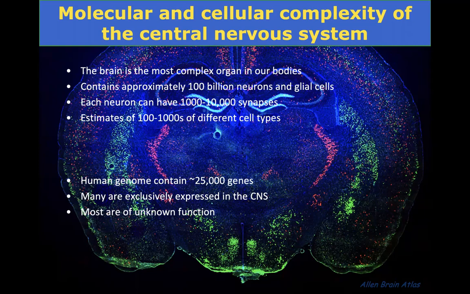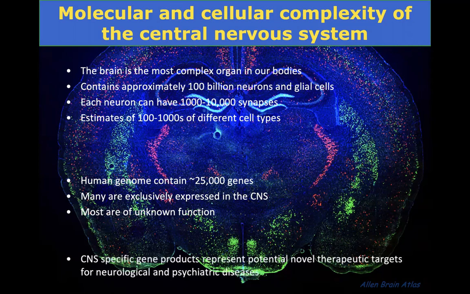So to me, this is just an amazing, enormous complexity within this one structure of our organisms that gives rise to our amazing ability to remember, to learn, to think, to be conscious.